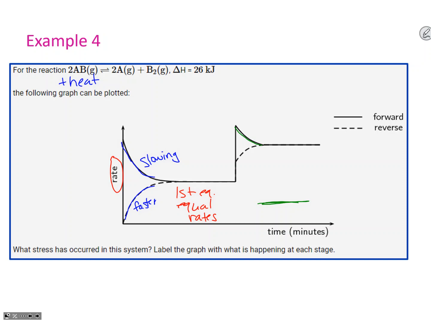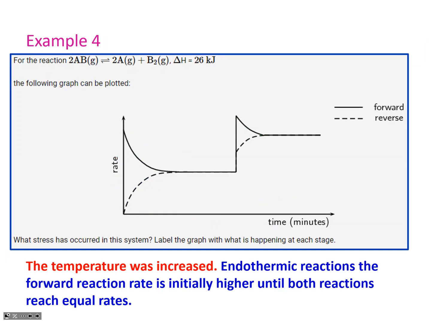It would equalize and be down there because the particles are going slower. At the decrease though, the reverse rate would be higher initially than the forward, okay? So temperature was increased, endothermic's forward rate initially higher until both directions get to the equal rate.